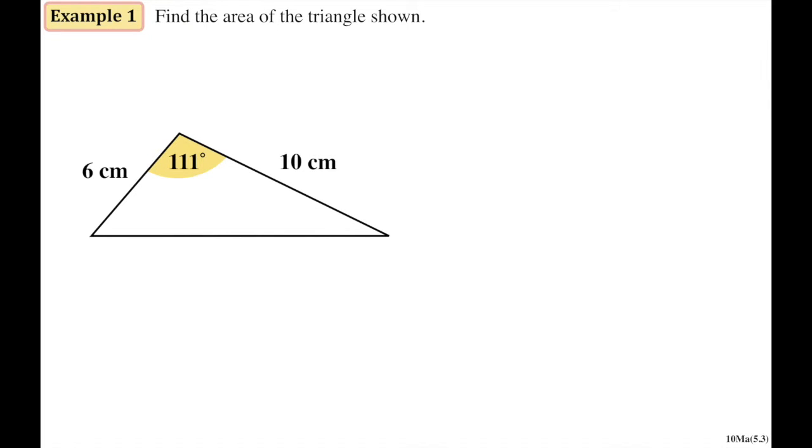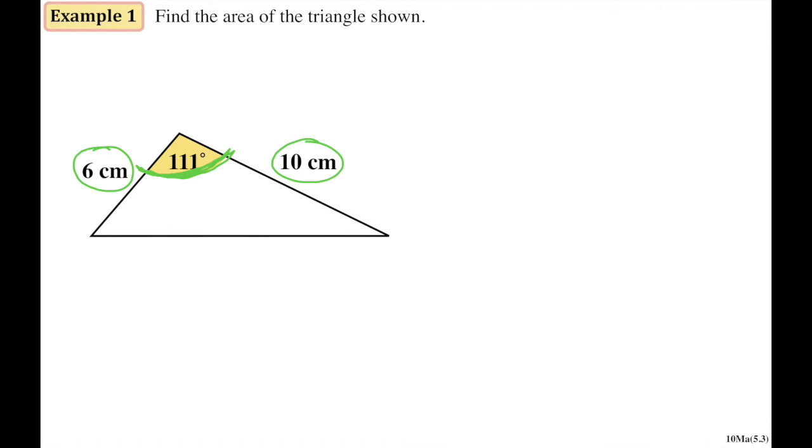Find the area of the triangle as we can see. Now, you can see that the angle 111 degrees is the angle that they've given us in the triangle, and the two sides that create that 111 degrees are the sides 6 centimeters and 10 centimeters. So they're the two sides I want to use.